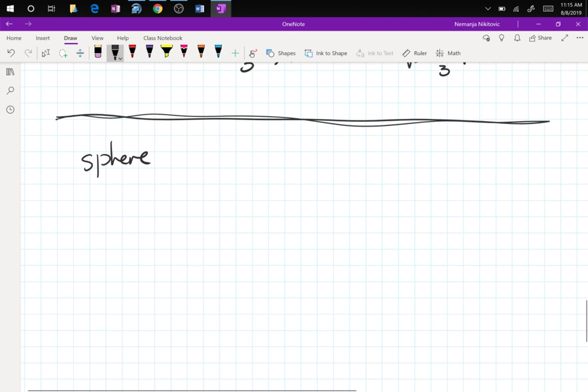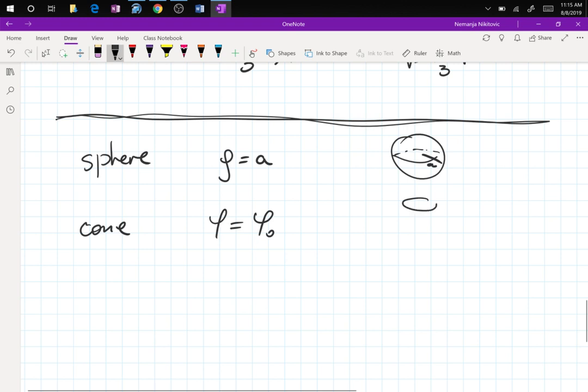So sphere, right? Sphere is going to be rho equals, now lowercase a. That's going to be a ball with a radius a. Cone is another easy one where your phi is equal to some phi 0. So to draw a cone, right, you just have this phi 0 angle. That's the only thing that matters.